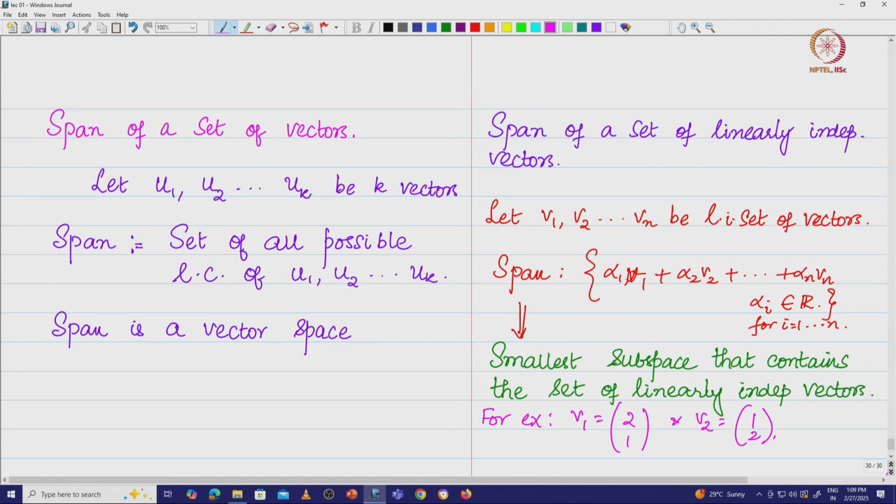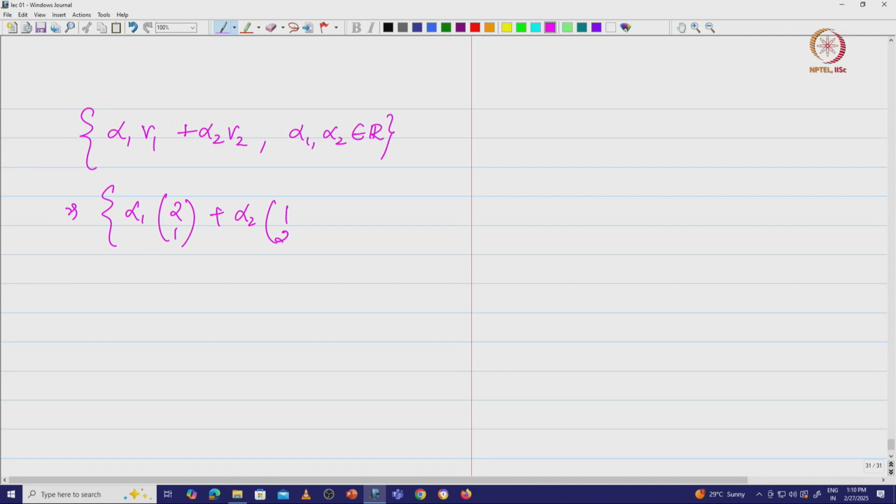Now, what we are going to do is look at the set of all possible linear combinations alpha 1 v1 plus alpha 2 v2 for different real scalars alpha 1, alpha 2. That means I am going to look at alpha 1 times (2, 1) plus alpha 2 times (1, 2) for different values of alpha 1, alpha 2.